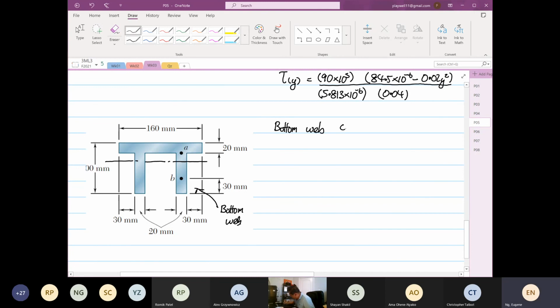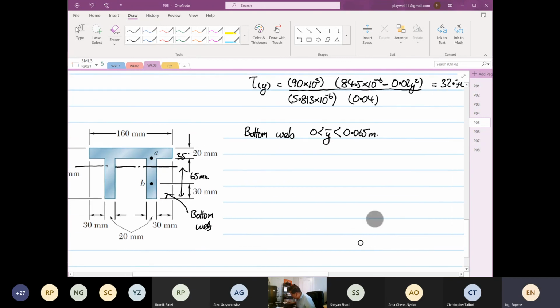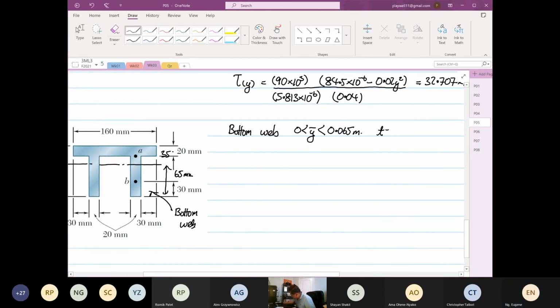So it's going to go from 0 to y bar, and because it's 35, it's going to be 65 millimeters, 0.065, because the distance from here to here is 65 millimeters. So we know the thickness is also twice 0.02.